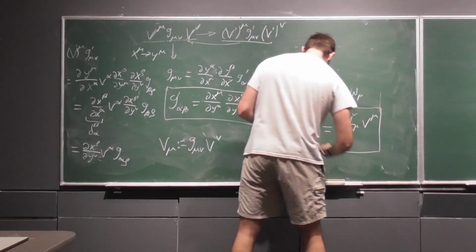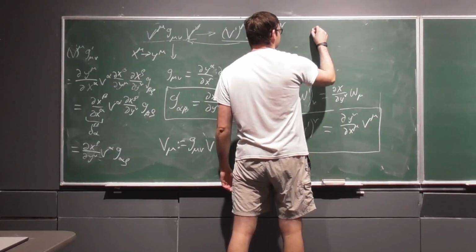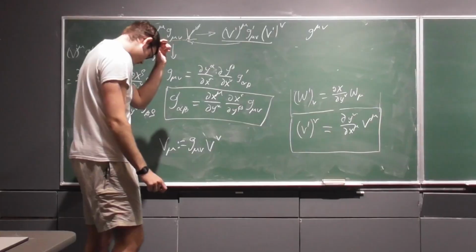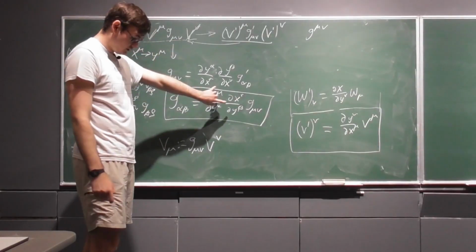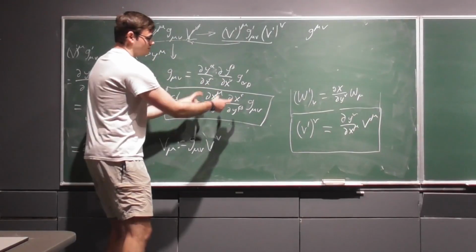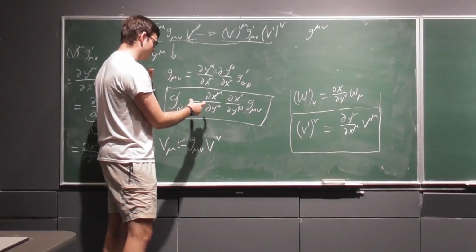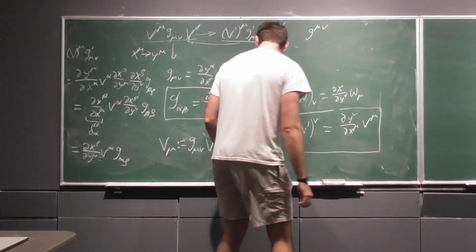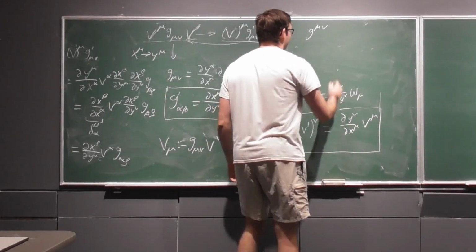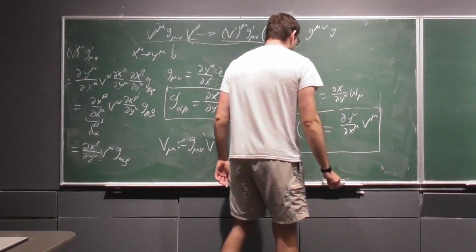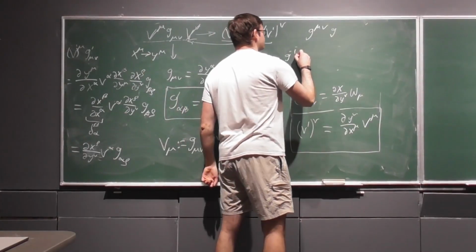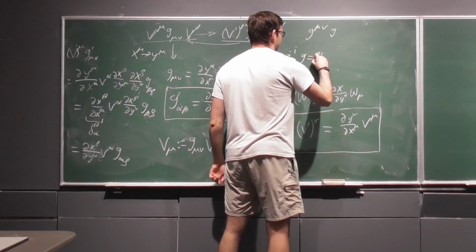I'm going to denote the inverse of the matrix with upper indices, right? Because you can check that it must transform the opposite way. If it transforms the opposite way, then multiplying them together with the chain rule will cancel out as needed. Okay, so if this is the inverse metric, we know that G inverse times G must give us the identity matrix, right?